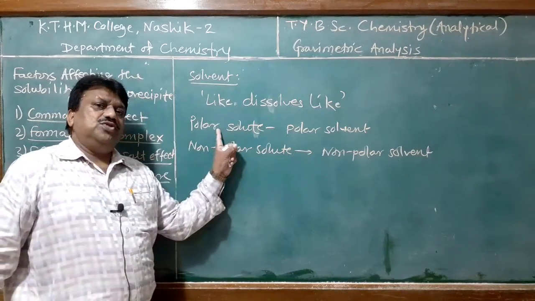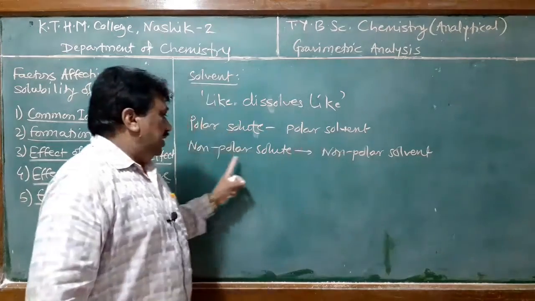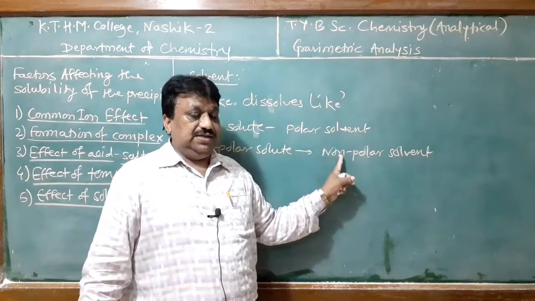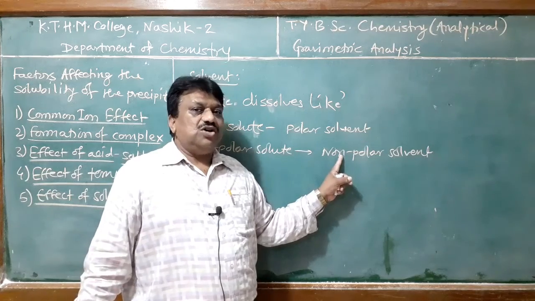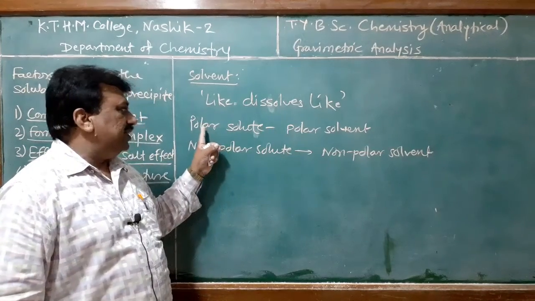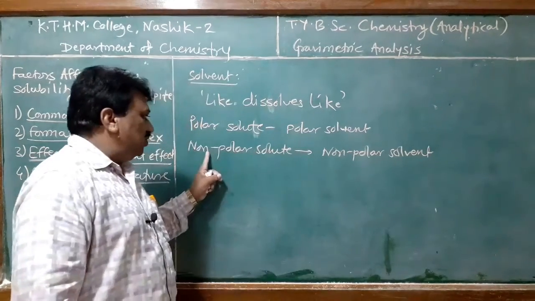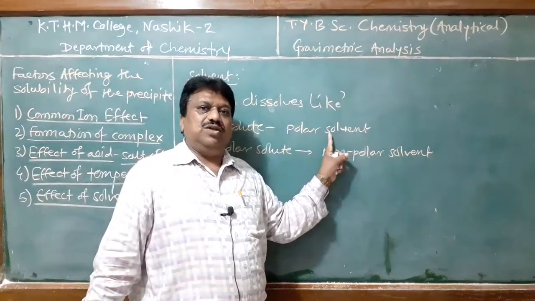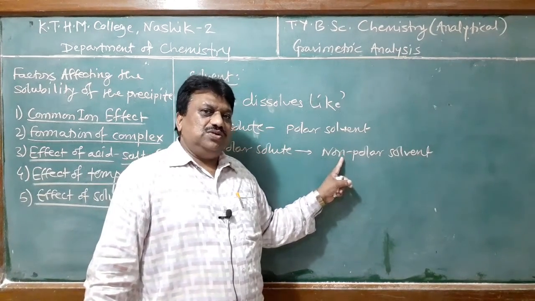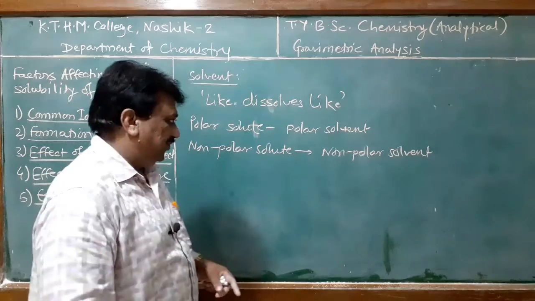In order to avoid the loss of precipitate in gravimetric analysis, we have to select a solvent in such a way that when the solute is polar, we generally use a non-polar solvent, and if the solute is non-polar, we use a polar solvent for washing of the precipitate. Due to this, we can achieve the precipitation quantitatively and avoid the loss of the precipitate.